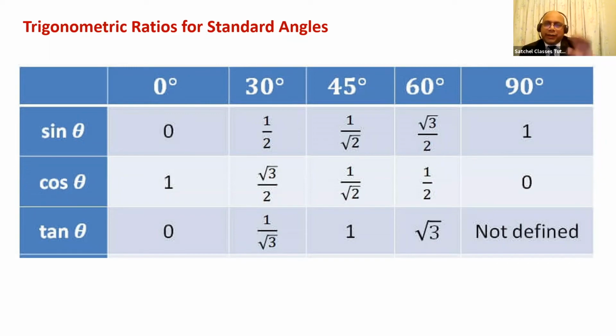For example, 30 degrees and 60 degrees are two angles which add to 90 degrees, right? So as you can see, sine of one angle is the cos of the other angle. Sine 30 is the same as cos 60. Likewise, sine 60 is the same as cos 30, right? Remember, sine theta is cos of 90 minus theta, and cos theta is sine of 90 minus theta.